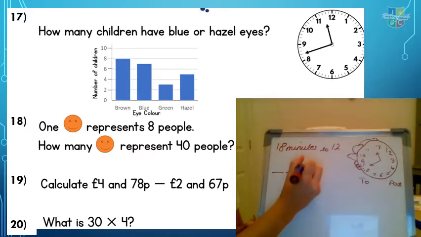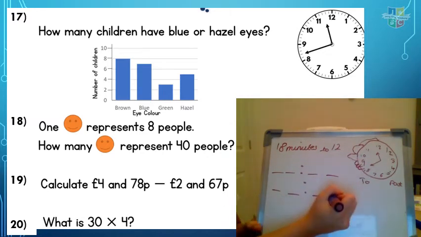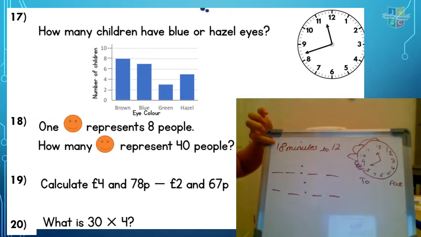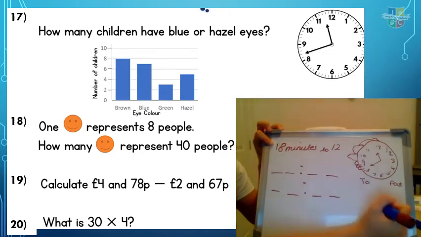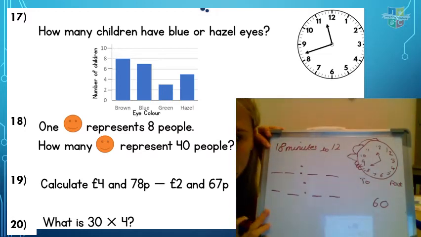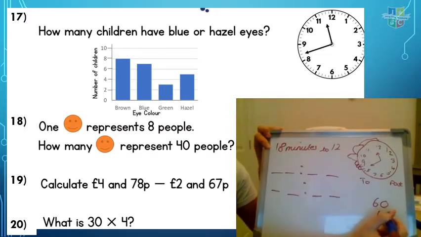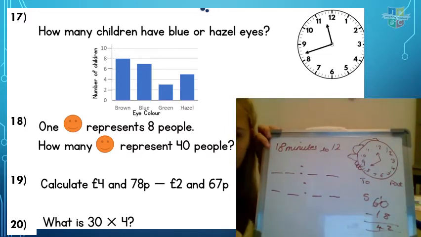Now when we go to turn it into a digital time, this one is a really difficult one, so if you've not got it right, do not worry. If there's 18 minutes to, and I know there are 60 minutes in an hour, and I've already used 18, I can take that away and find that there will be 42 minutes remaining.